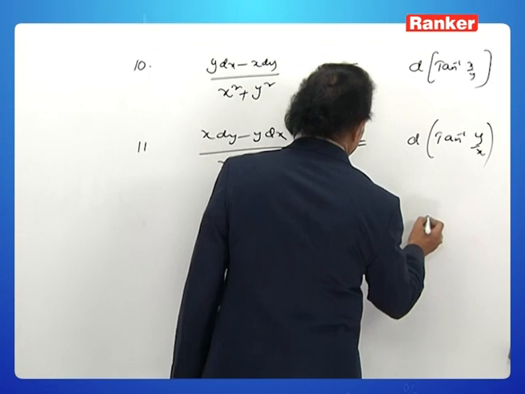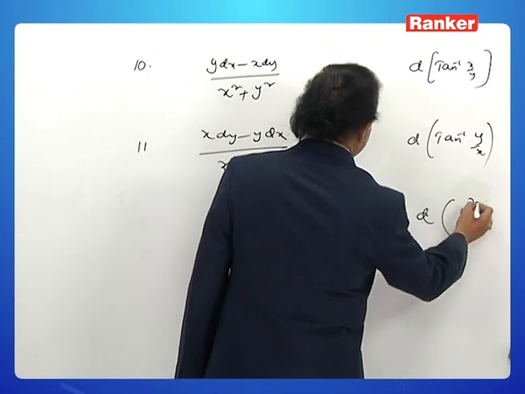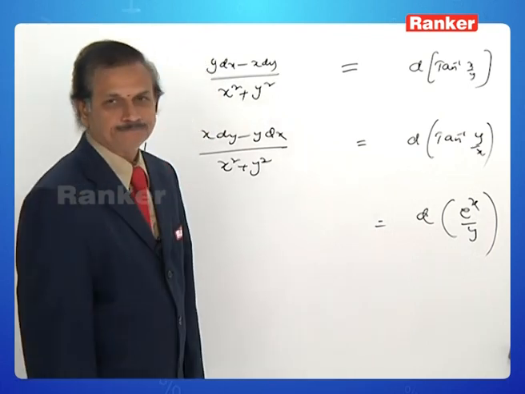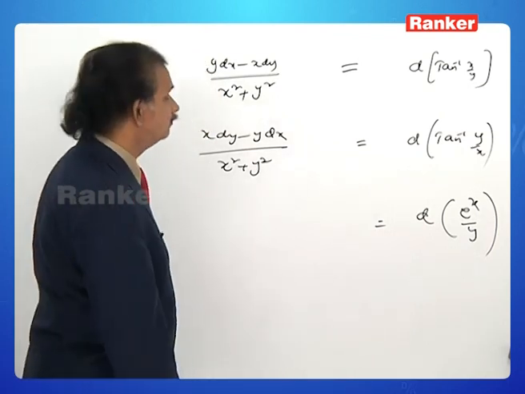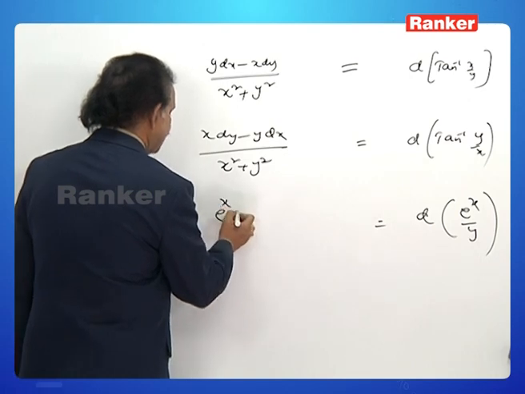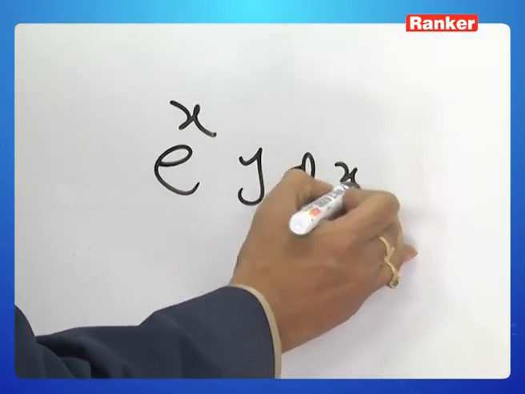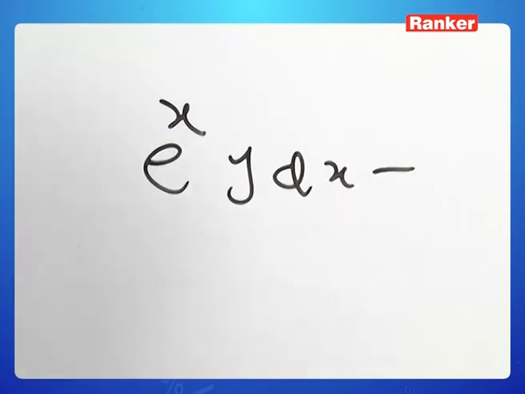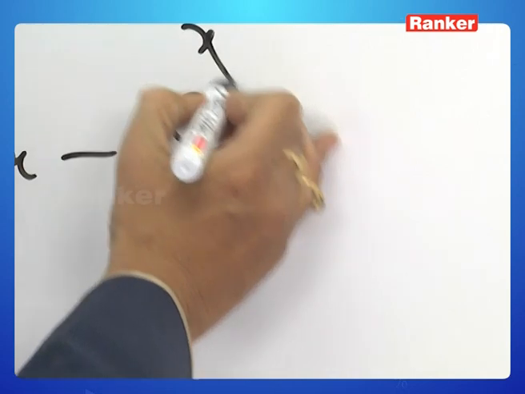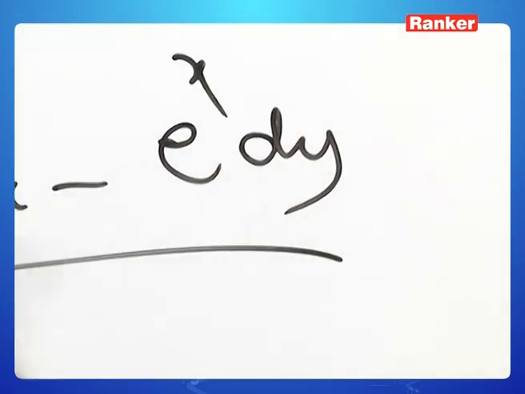Okay, one more thing. D of e power x by y. What can you see? Come on. E power x into y dx minus e power x dy, by y square.